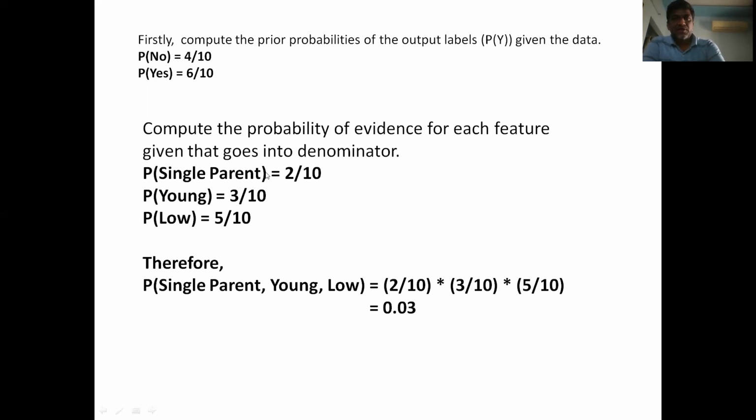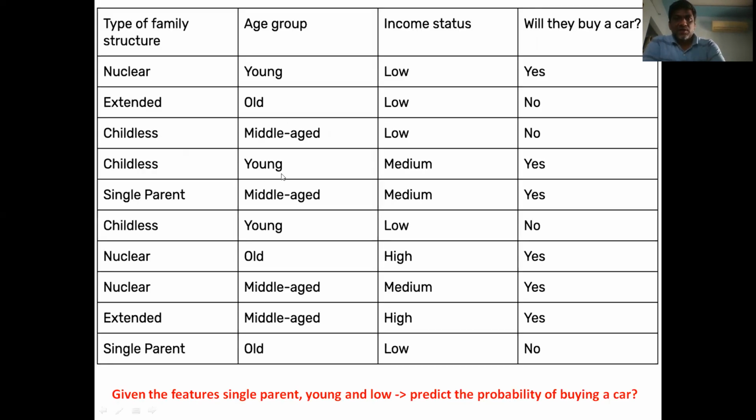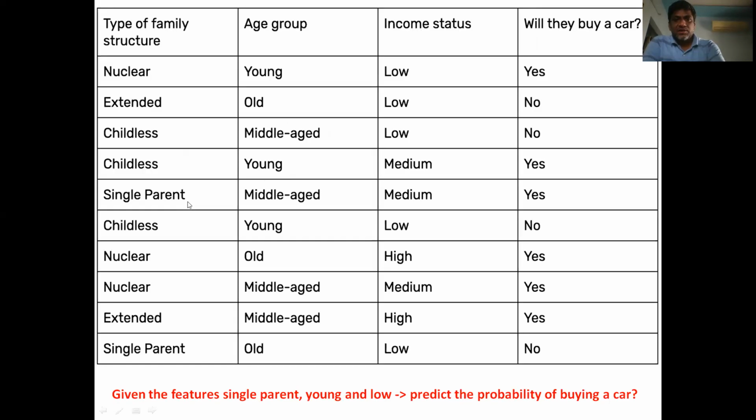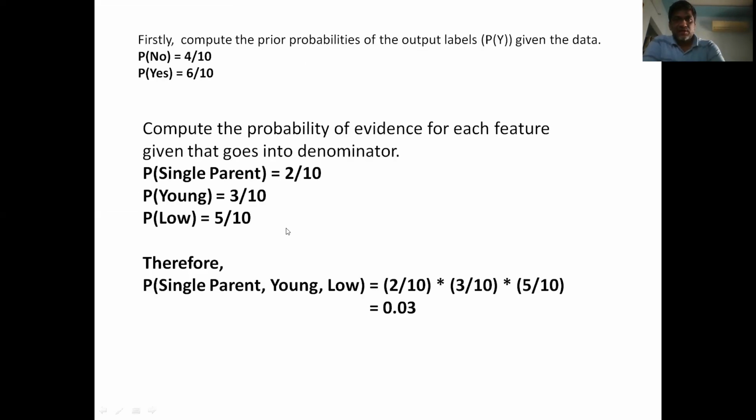The probability of single parent is going to be, out of 10 samples, how many single parent cases are there? There are two, so 2 by 10 is the probability. The probability of young is, out of 10 samples, 3, so 3 by 10.